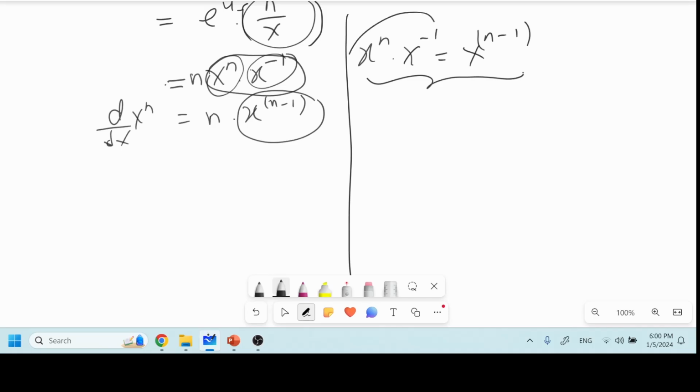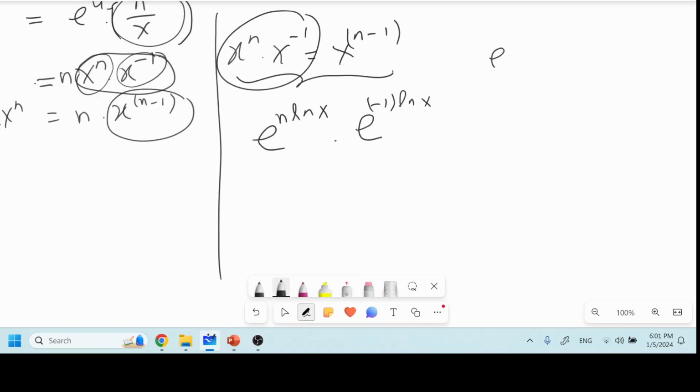So let's see how you can evaluate x^n times x^(-1). x^n by definition is e raised to the power of n ln x, whereas x^(-1), according to the definition, is equal to e to the power of minus 1 times ln x. Then we apply the law that e^a multiplied with e^b is just e raised to the power of a plus b.